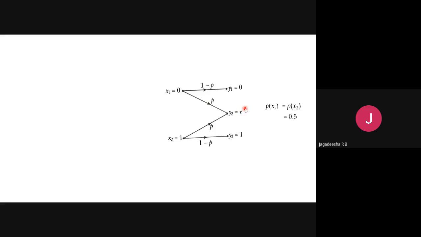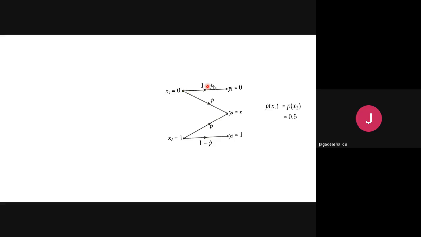Maybe the receiver does not understand whether it was 1 or 0, so we represent it as a question mark or an error, e. One more piece of information is given, the probability of the inputs. They are equal to 0.5, that's the probability of x1 and x2. With this information, we need to find out some parameters.